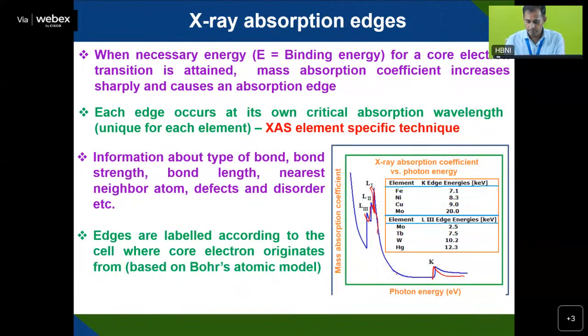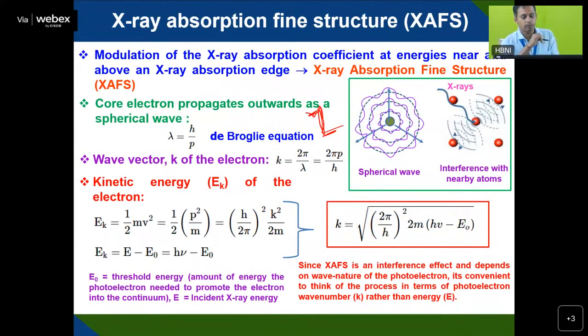You can see from this level to this level, this is before absorption, then the absorption occurs here, then it's after absorption. That difference, the modulation of the X-ray absorption coefficient at energy near and above the X-ray absorption edge, gives you X-ray absorption fine structure spectroscopy.